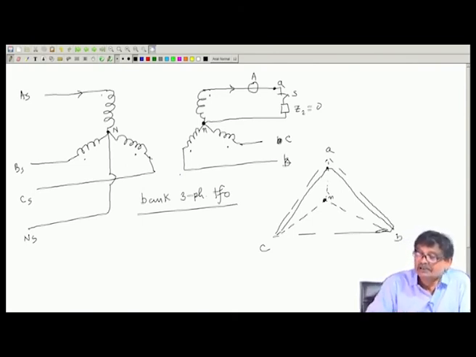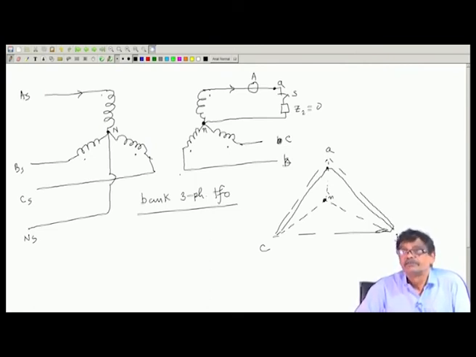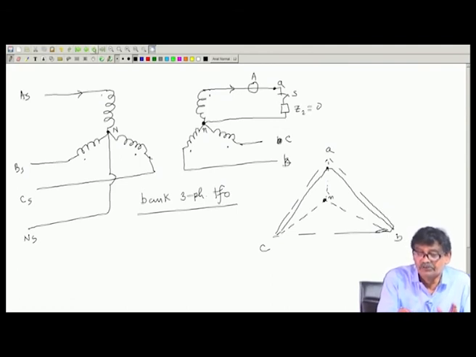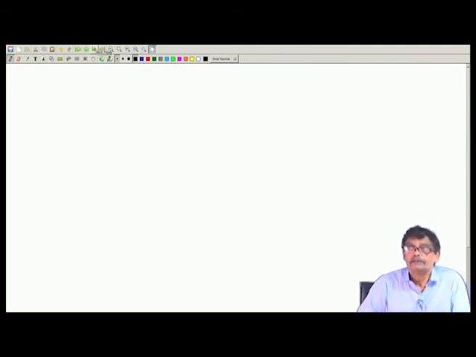Therefore, without neutral connection, single phase loading will not be possible with star connection, because then the secondary coils will be very much stressed. In fact, phase voltages will come out to be across the secondary coils which are not carrying any current, shifting N to A. In the worst case of loading, that is, you short circuit this. Anyway, so this is just for your information, you must remember that.